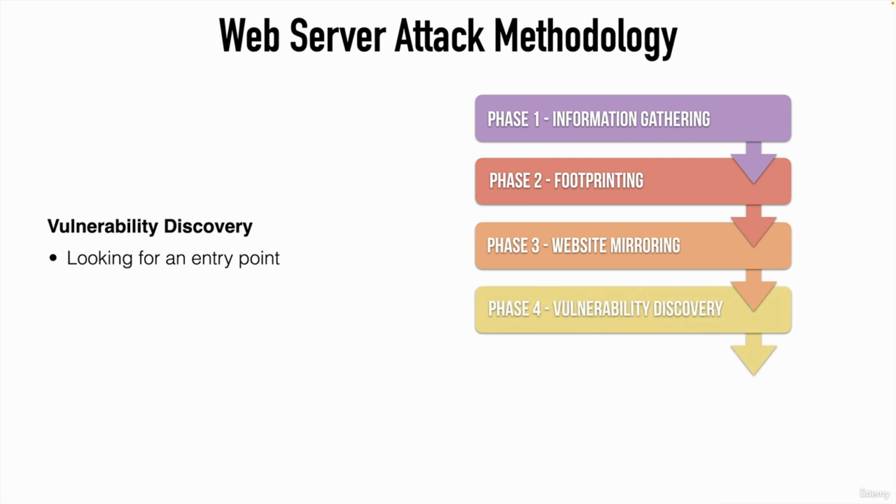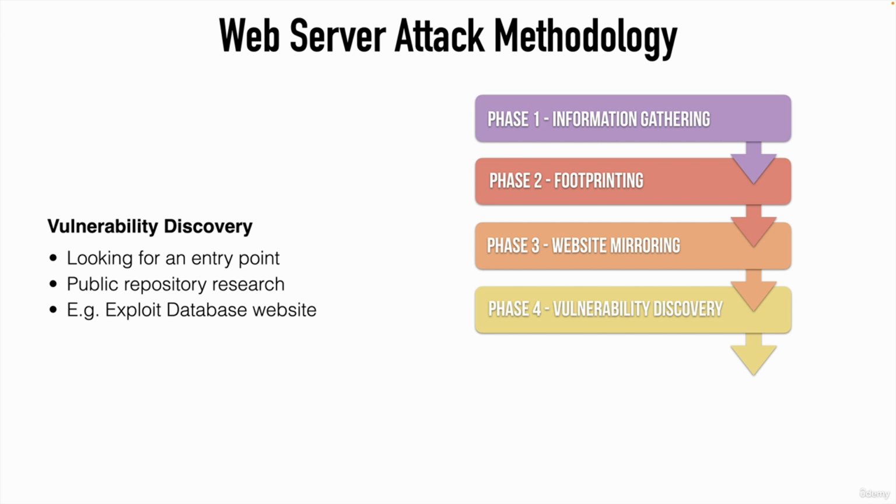Using all of the information we've gathered, we now want to look for an entry point. We looked at the exploit database website previously in this course, and that would certainly be a valuable resource for discovering potential vulnerabilities. In this phase, we're doing research. We're looking at public repositories for vulnerability information.